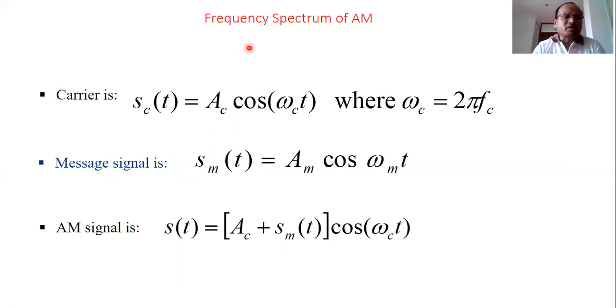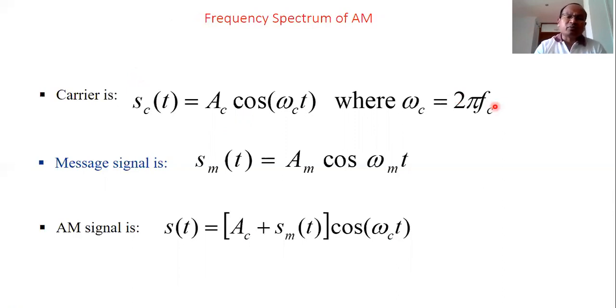So let us assume something. We define the signals: the carrier signal, the modulating signal, and then we get the amplitude modulated signal. Let us express them using standard mathematical expressions. For example, the carrier is represented by Ac cos(omega_c t), where omega_c is 2 pi fc, and fc is the carrier frequency.